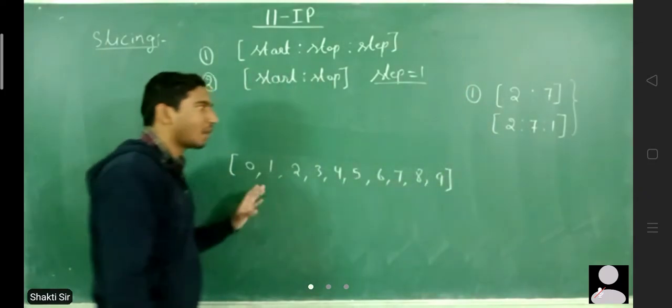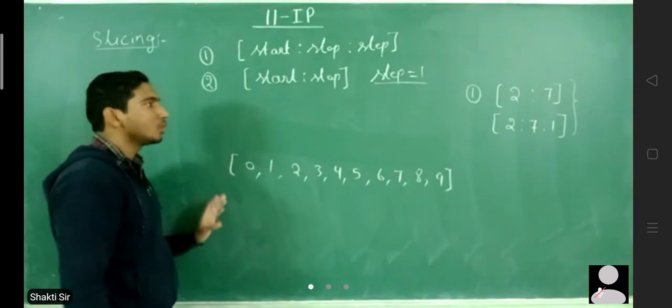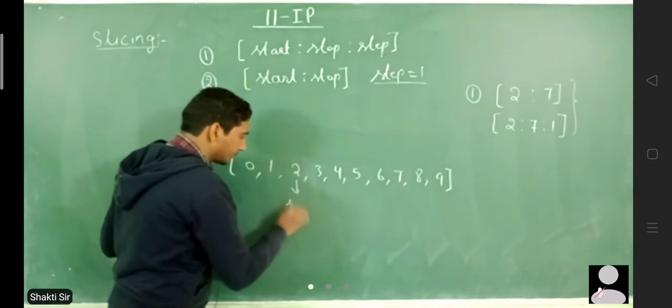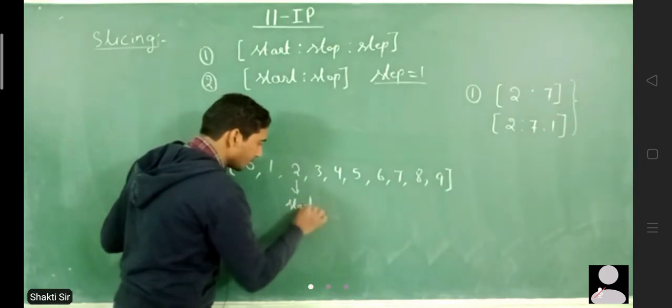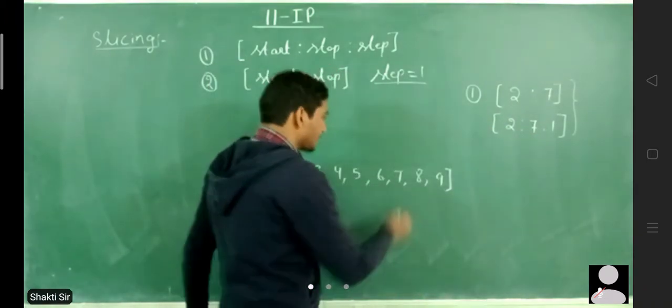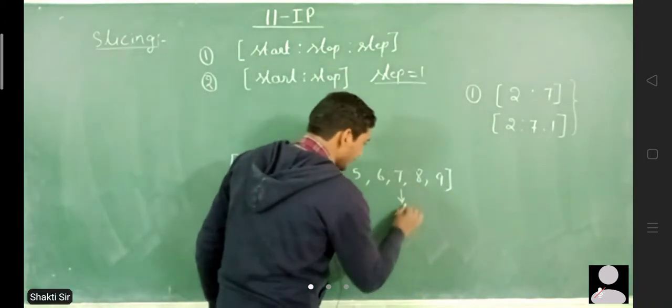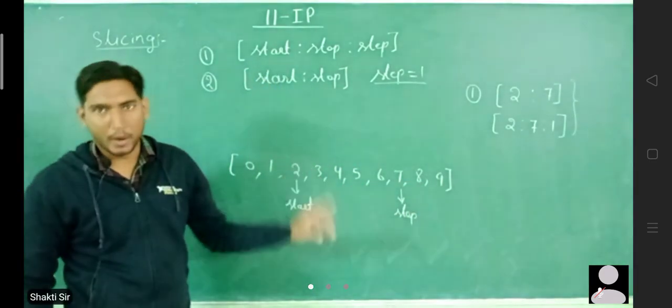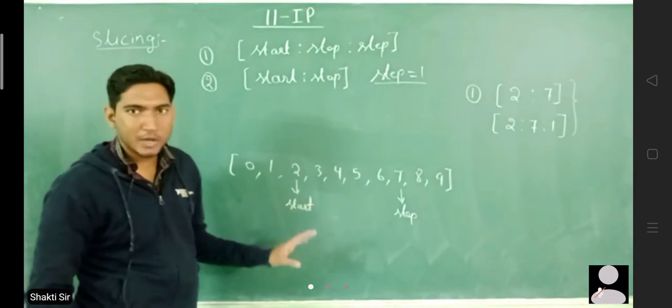Now let us see what the output will be. The start value is 2, so this is our start. The stop is 7, this is the stop. And the step value is 1. So what should I do?